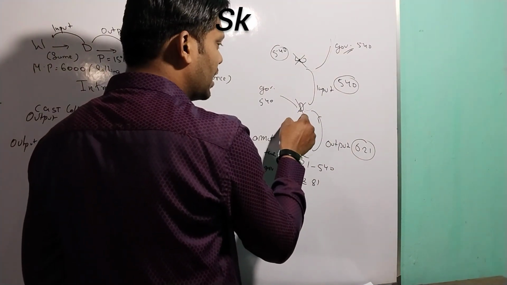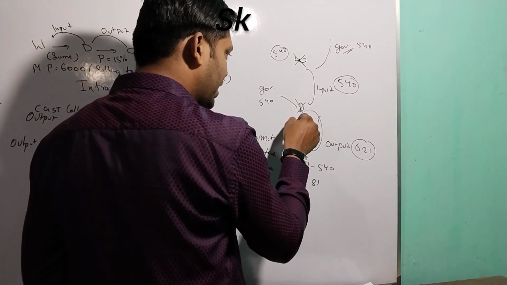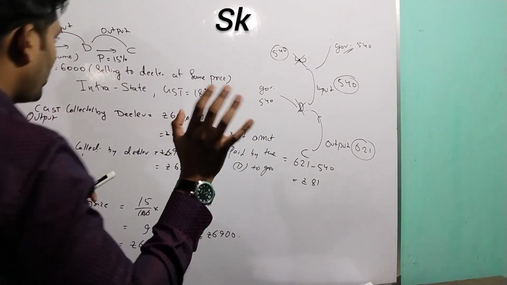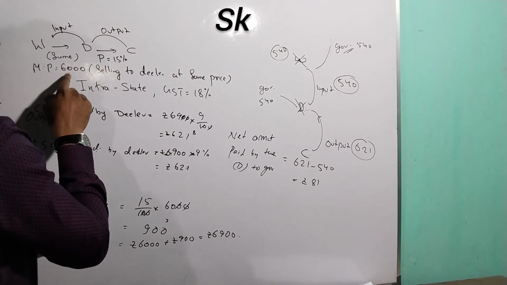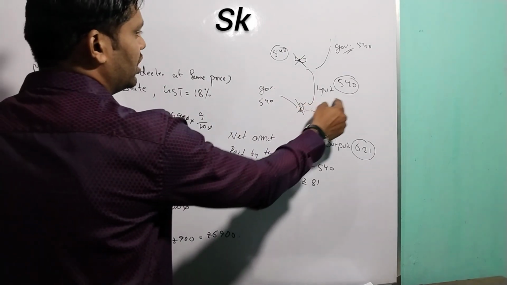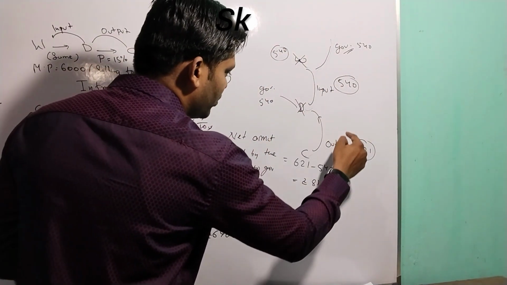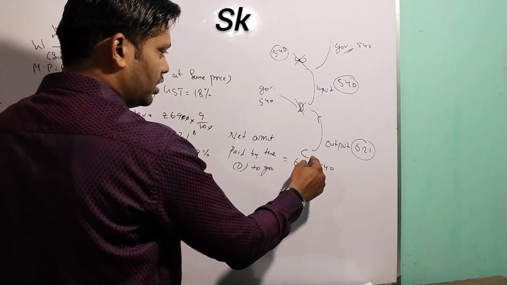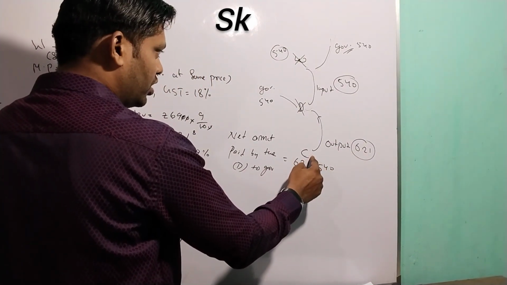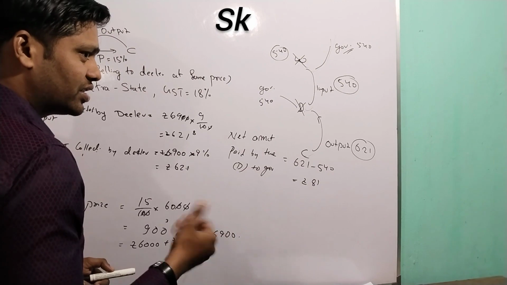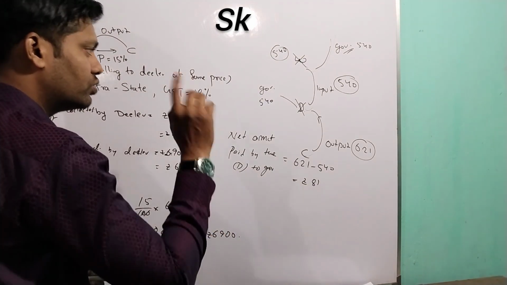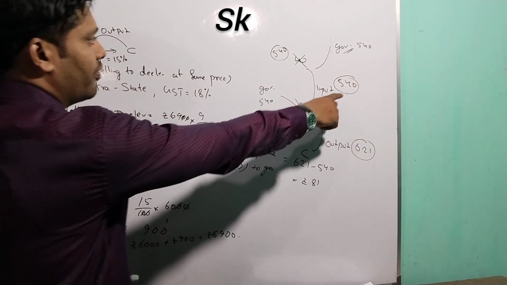Understand one thing, he has got the product for 6,000, he is paying 540. If he has sold the same goods at the same price, 6,000 only, does he have to pay any extra amount? No. 540 is paid, so zero amount he has to pay to the government, because 540 is already paid.